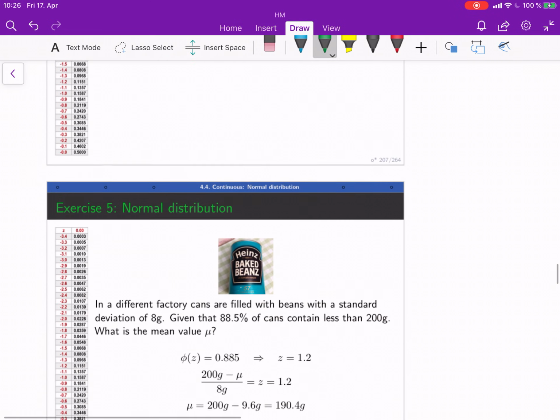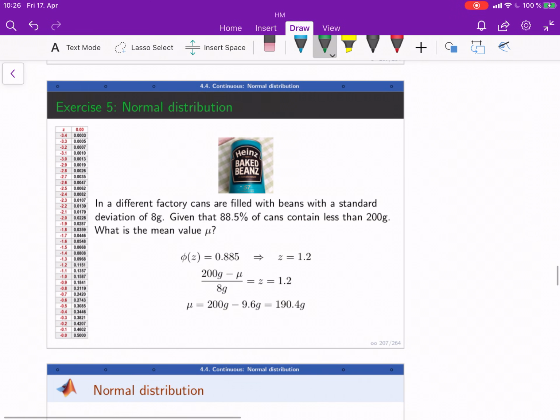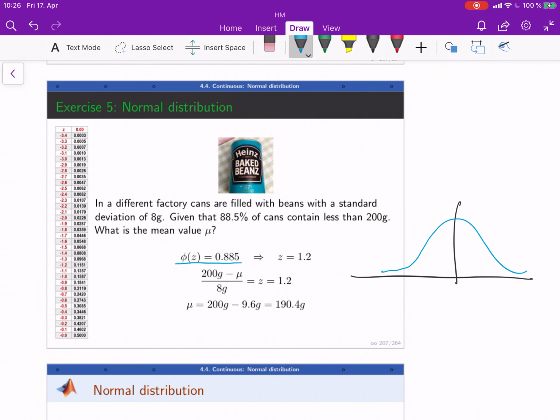Okay, so here's the thing. I've given you phi of z, 88.5% less than 200 grams. Let's look at the picture. So I've given you this.